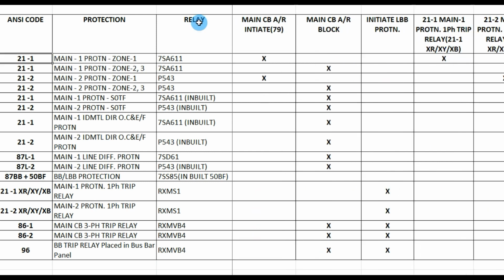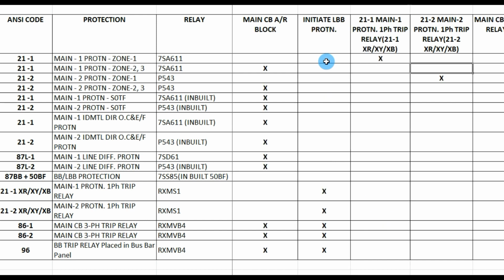And we will see the second one. Second one is Main 1 protection Zone 2 to 3. This is also the same relay for Main 1, but here they are not configured for AR initiation, instead they are configured for AR blocking. So when Zone 2, Zone 3 or some other zone after Zone 1 picks up, our relay should block the AR.